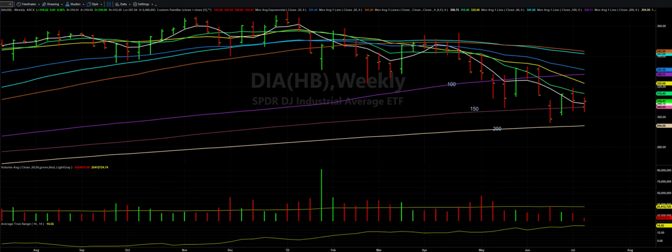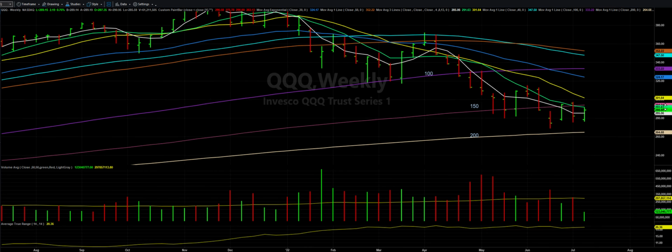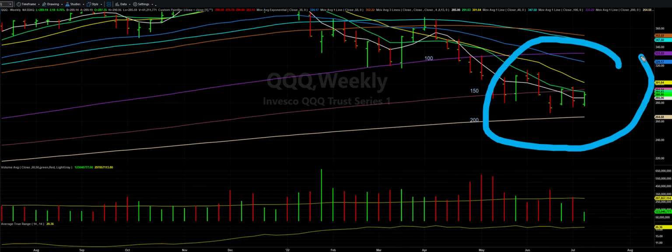Let's take a look at the Qs on the weekly chart real fast. You see those Qs? You see why I'm telling people don't get too excited on these Qs? These Qs got a lot of overhead resistance, y'all. And the Qs are the ones running the most right now. Out of all the major index ETFs, the QQQs, the ETF that tracks the NASDAQ 100 specifically, is doing the most right now.